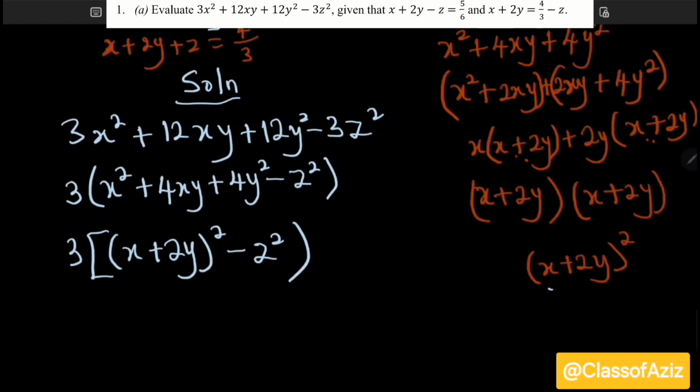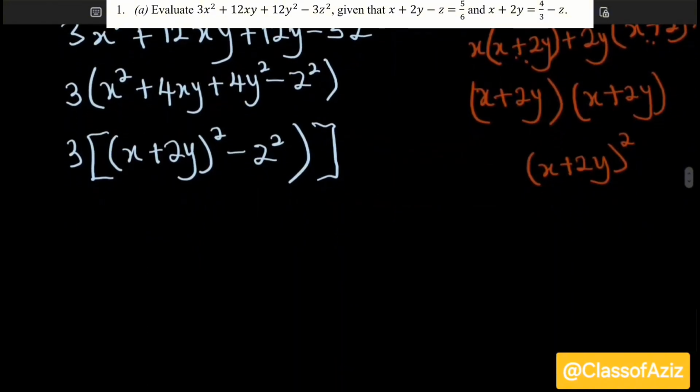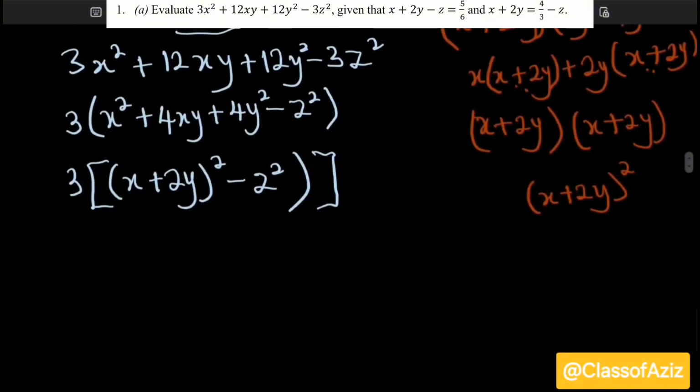So we've substituted this into it, and then we bring this z here. I hope you've understood. Now that we have this, it's very simplified, so I think that we can continue.